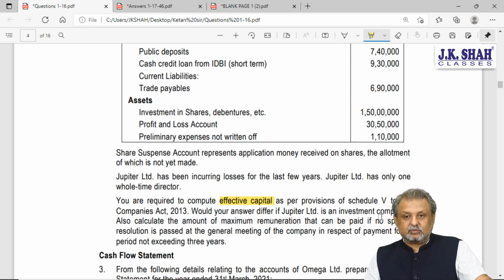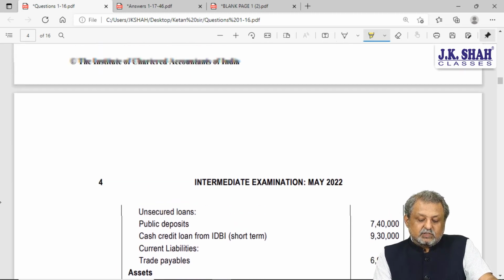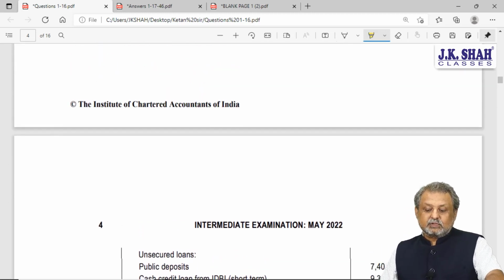Yes, of course. Also calculate the amount of maximum remuneration that can be paid if no special resolution is passed at the general meeting of the company in respect of payment for a period not exceeding 3 years. Okay, that we will discuss. But for this particular type of question, when profits are insufficient, we first need to calculate effective capital. First we need to calculate effective capital.